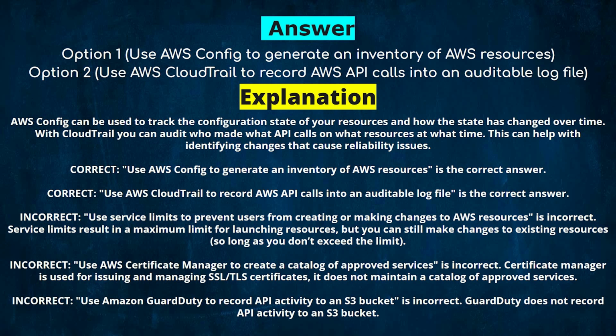Certificate Manager is used for issuing and managing SSL or TLS certificates. It does not maintain a catalog of approved services. Use Amazon GuardDuty to record API activity to an S3 bucket is incorrect. GuardDuty does not record API activity to an S3 bucket.